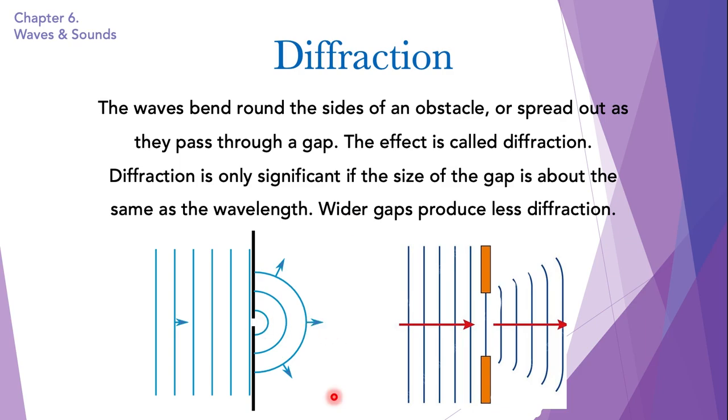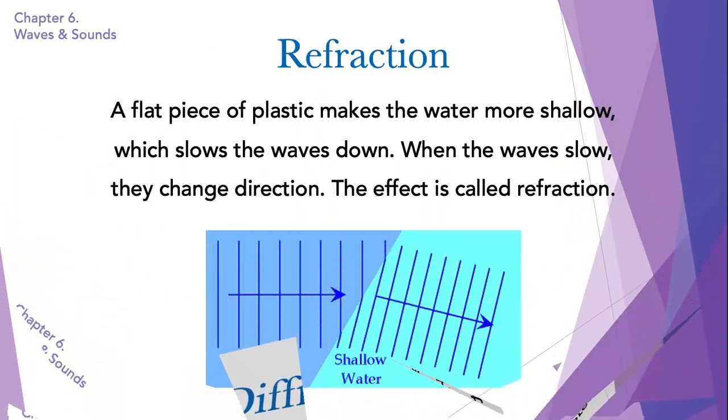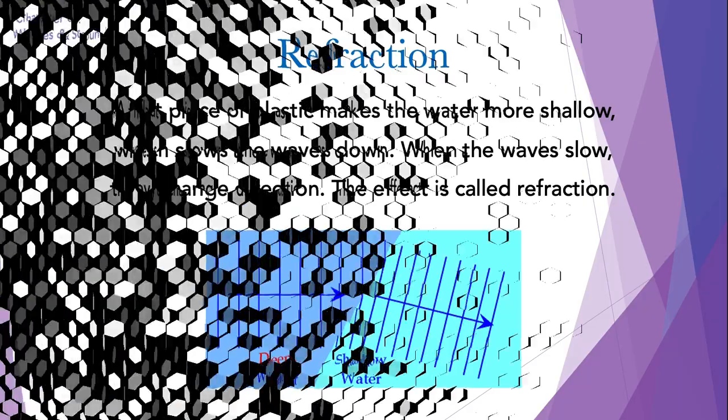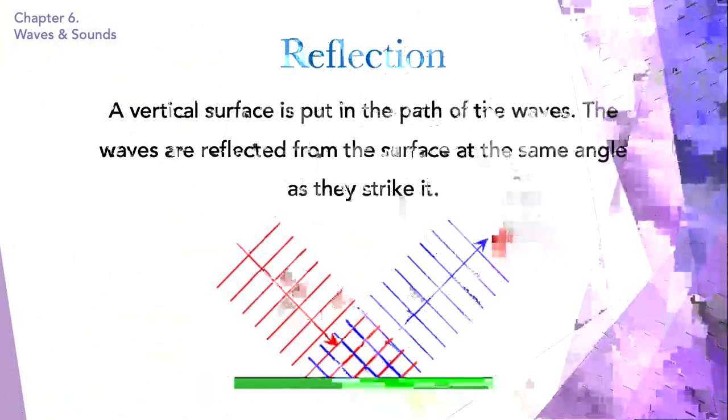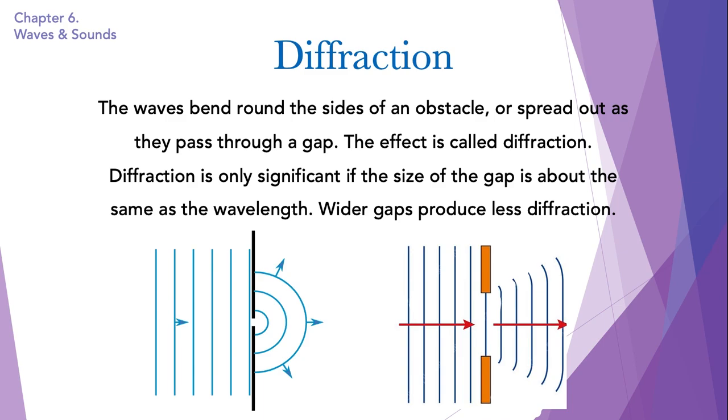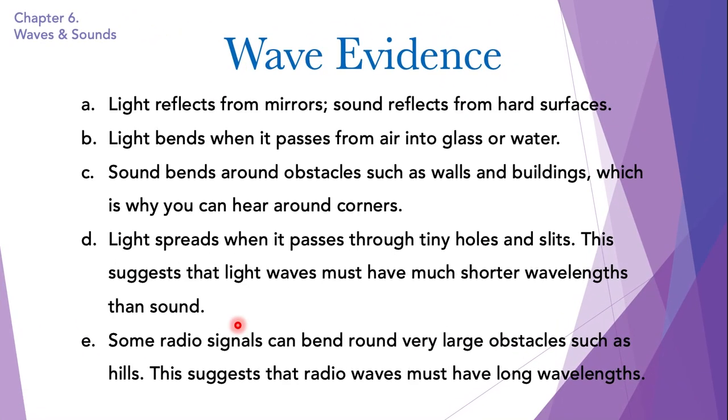I believe you have understood refraction, reflection, and diffraction. Another point to remember about diffraction is that diffraction mainly occurs at each edge. So longer wavelengths would produce more diffraction. Now let's move ahead to looking at some wave evidence.